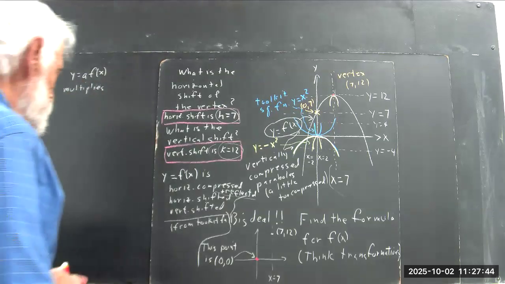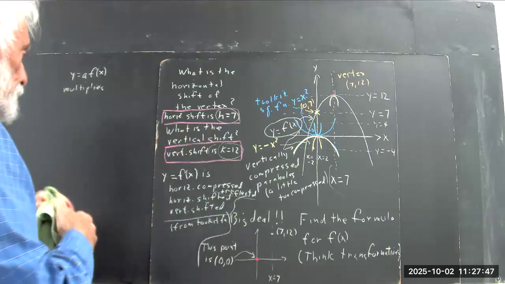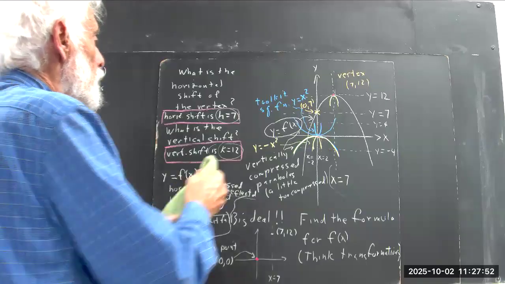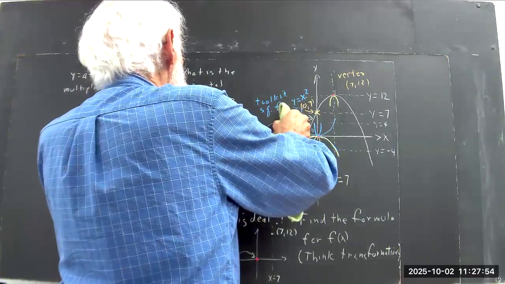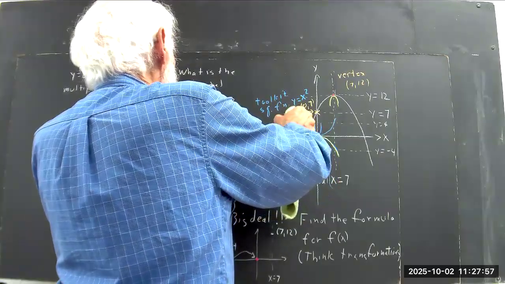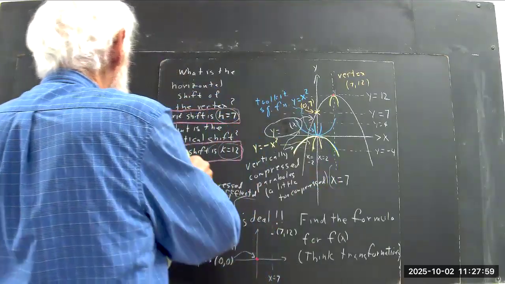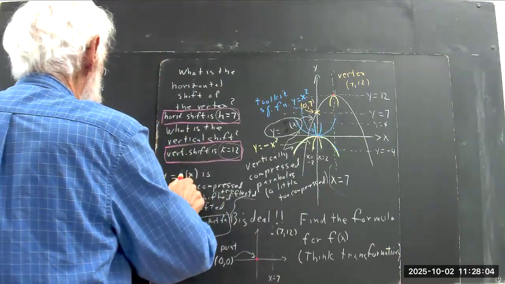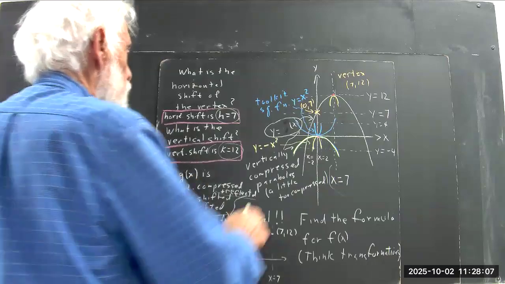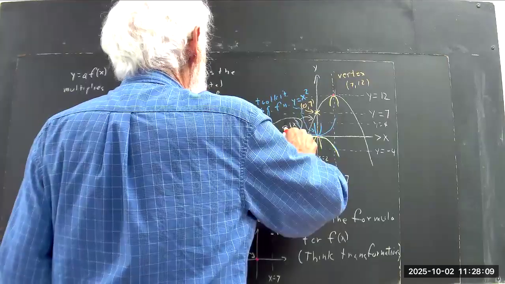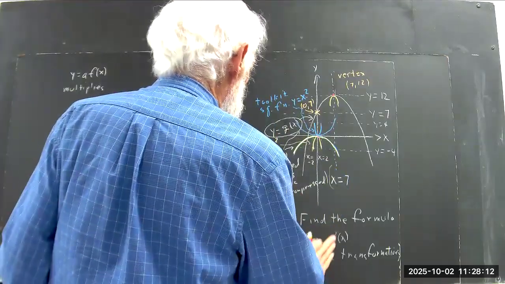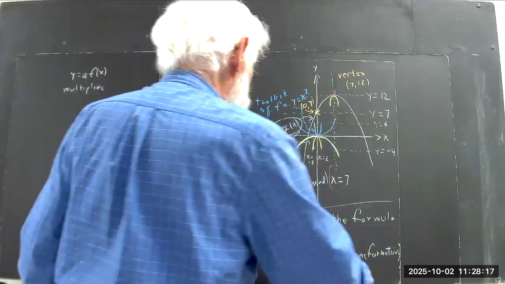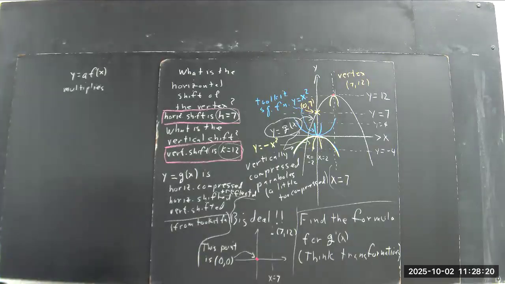You know what? I call this function f of x. I want to call this function g of x. We haven't really used the f of x yet, so I only have to change it in a couple of places. Okay, it's g of x now. This is what we're trying to do. We're trying to find the formula for this thing.